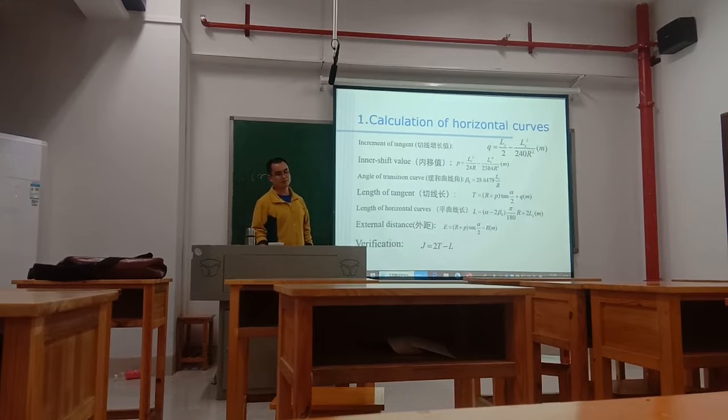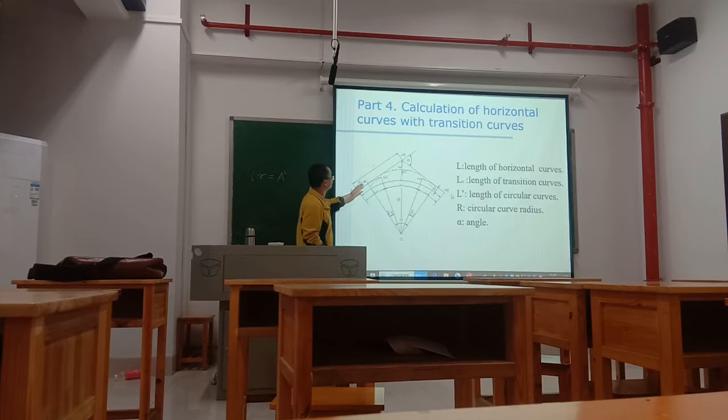This is a formula for the calculation of horizontal curves. Q is the increment of tangent. P is the inner shift value. Beta 0 is the angle of transition curve.